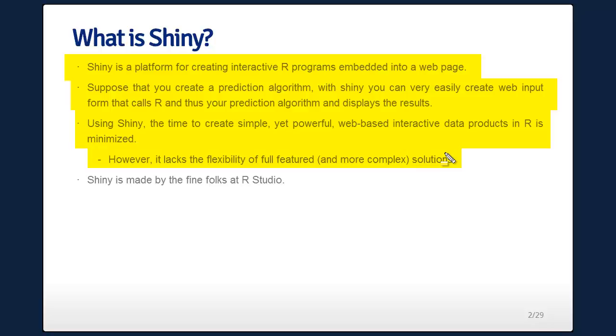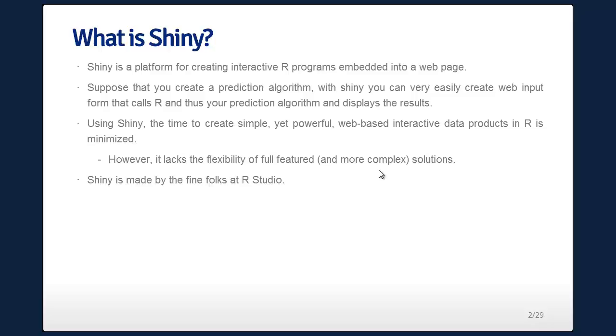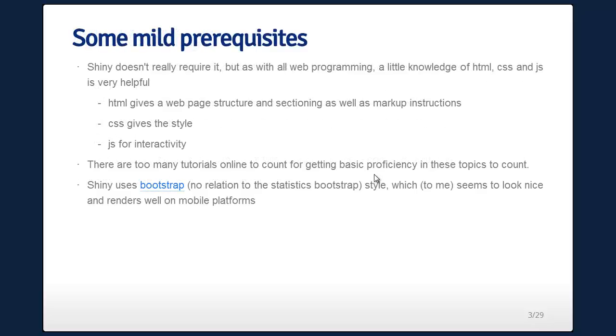But on the other hand, the development cost is so small using a tool like Shiny. And Shiny is made by the fine folks at RStudio, which is a product that we really support and highlight in this series.